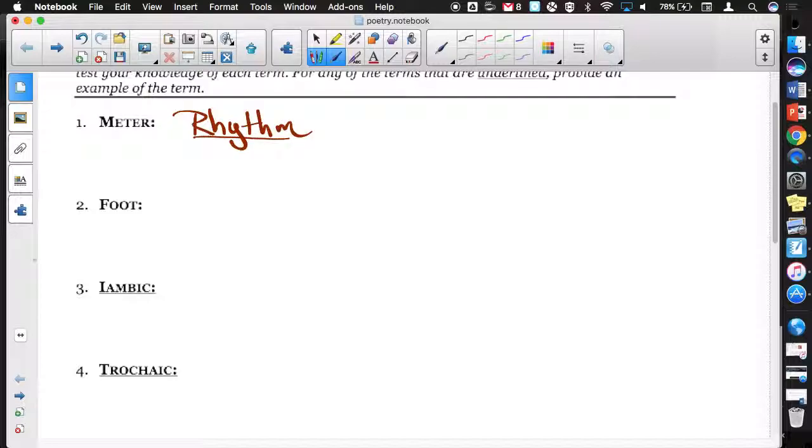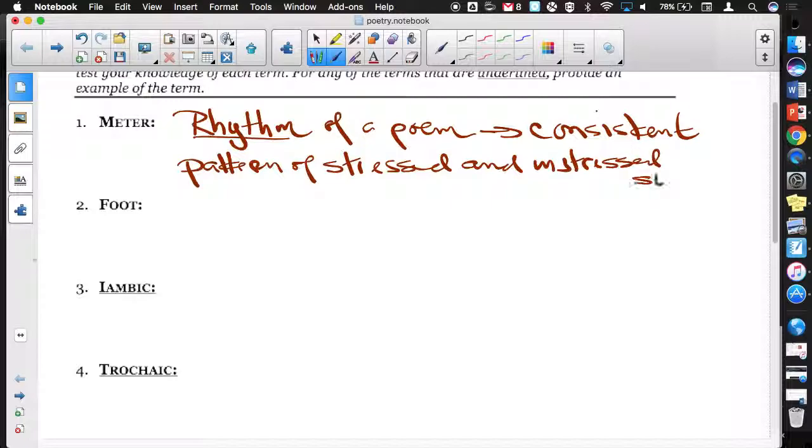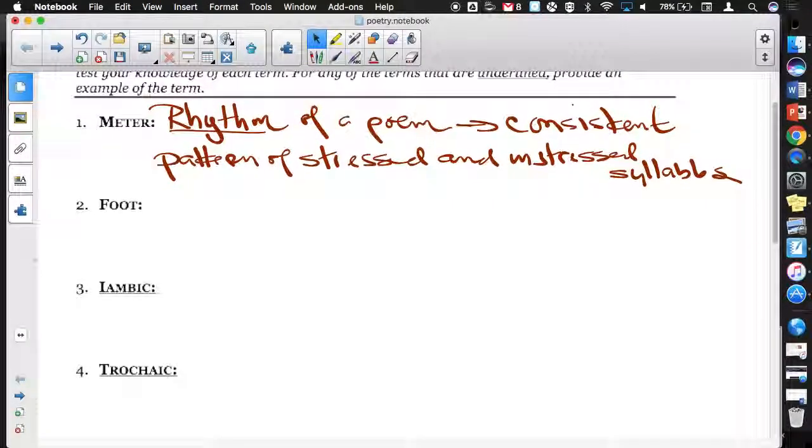So the rhythm of a poem, where you have a consistent pattern of stressed and unstressed syllables. So meter, when it comes to a poem, is going to be a consistent pattern of stressed, unstressed syllables.